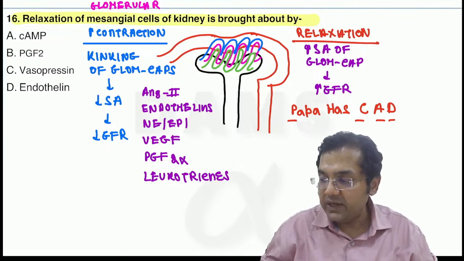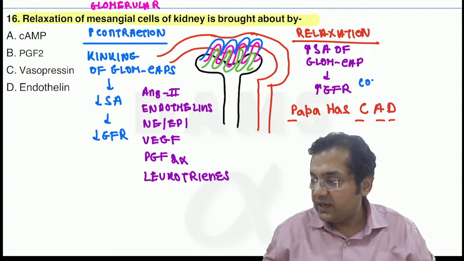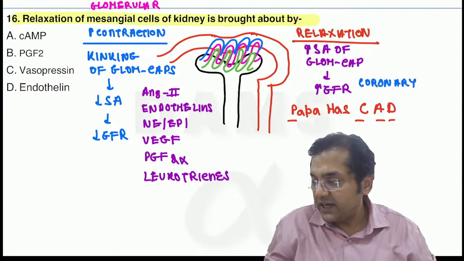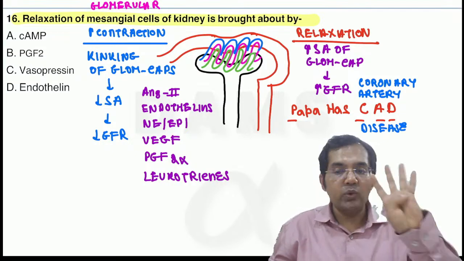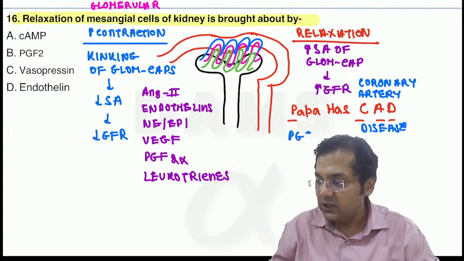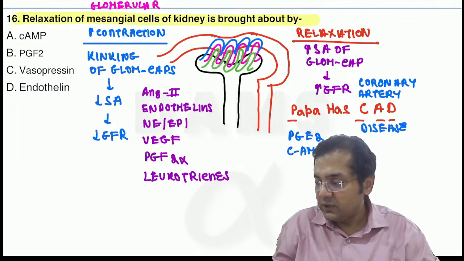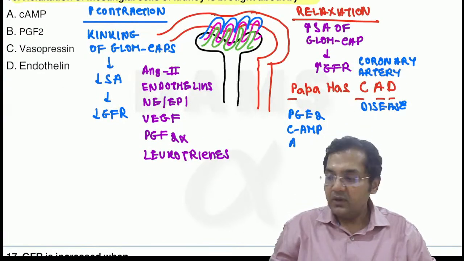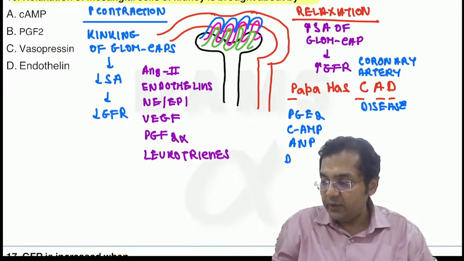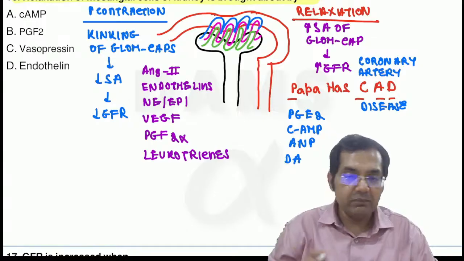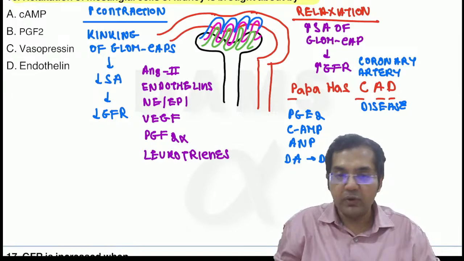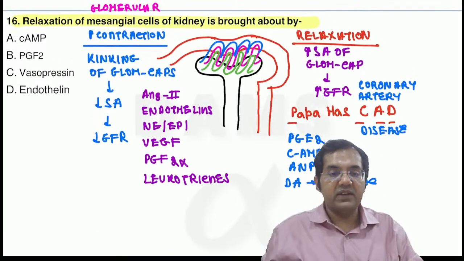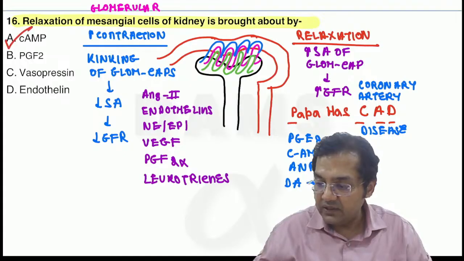Actually, coming back to the mnemonic, PCAD stands for the only 4 agents which cause relaxation: prostaglandin E2, cyclic AMP, ANP, atrial natriuretic peptide, and dopamine, right? DA is dopamine. So please remember, these are the only 4 agents which cause relaxation, thereby increasing GFR. So the answer is none other than cyclic AMP here, right?